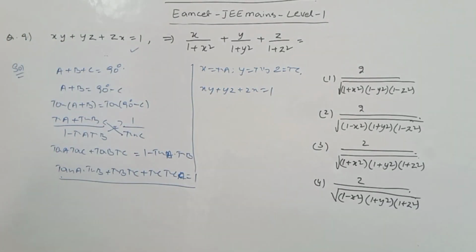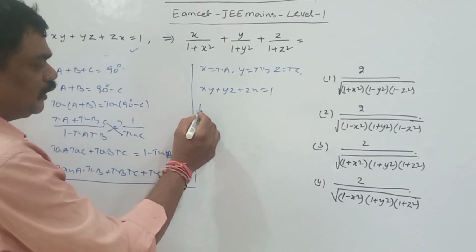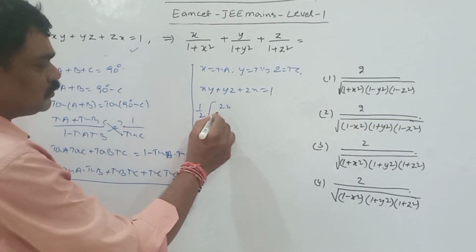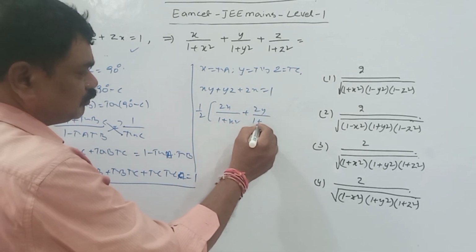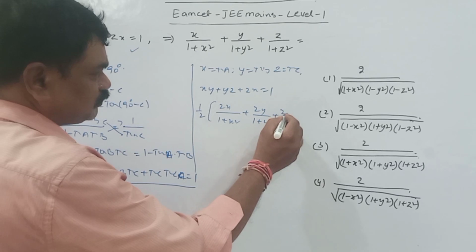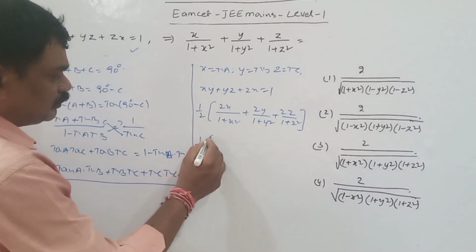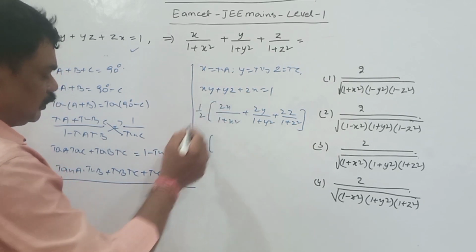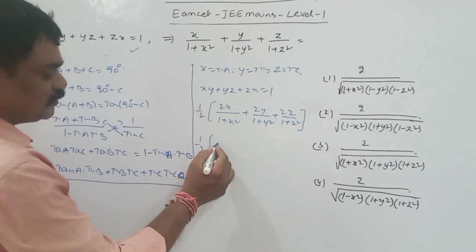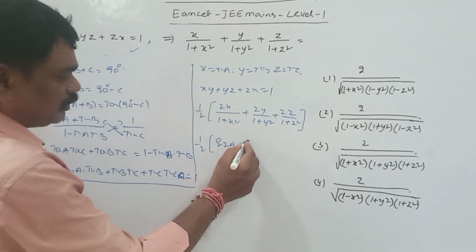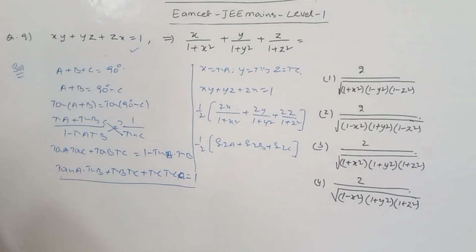First result. Suppose you take here 1 by 2 into 2x by 1 plus x square plus 2y by 1 plus y square plus 2z by 1 plus z square. So 1 by 2 into, x is equal to tan a, 2 tan a by 1 plus tan square a, sin 2a plus sin 2b plus sin 2c. Okay, all of you.